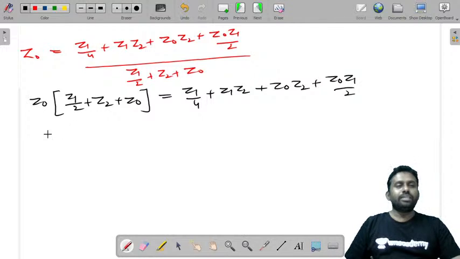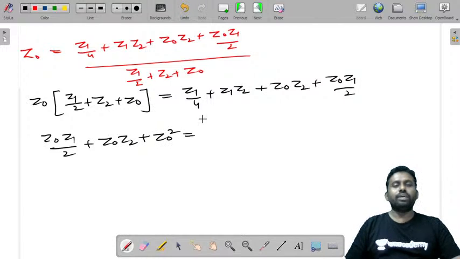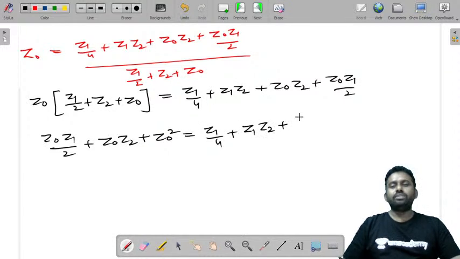So multiply Z naught inside. It is Z naught Z1 by 2 plus Z naught Z2 plus Z naught square is equal to Z1 by 4 Z1 Z2 Z naught Z2 Z naught Z1 by 2.